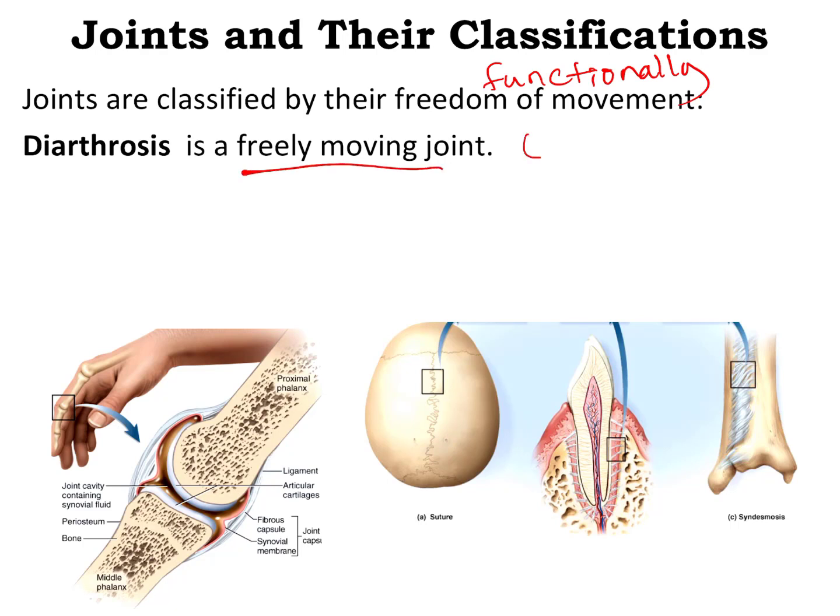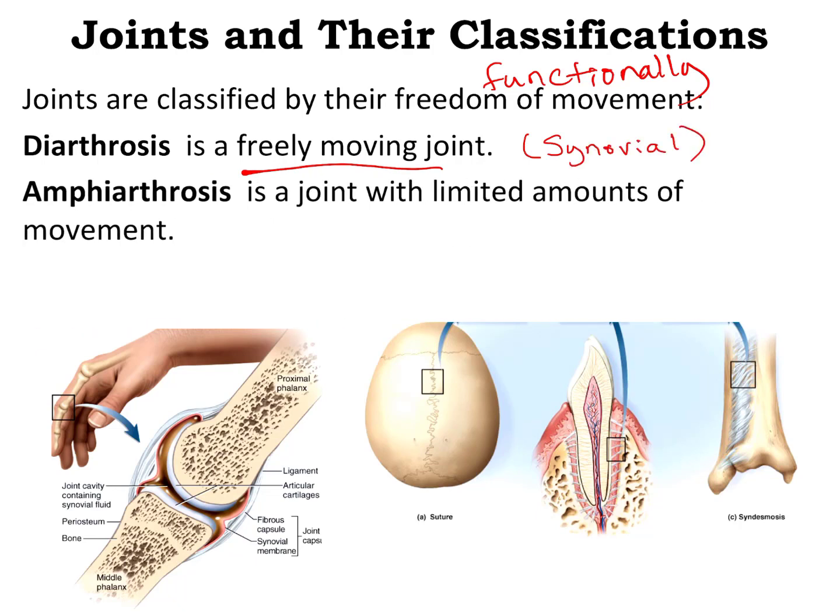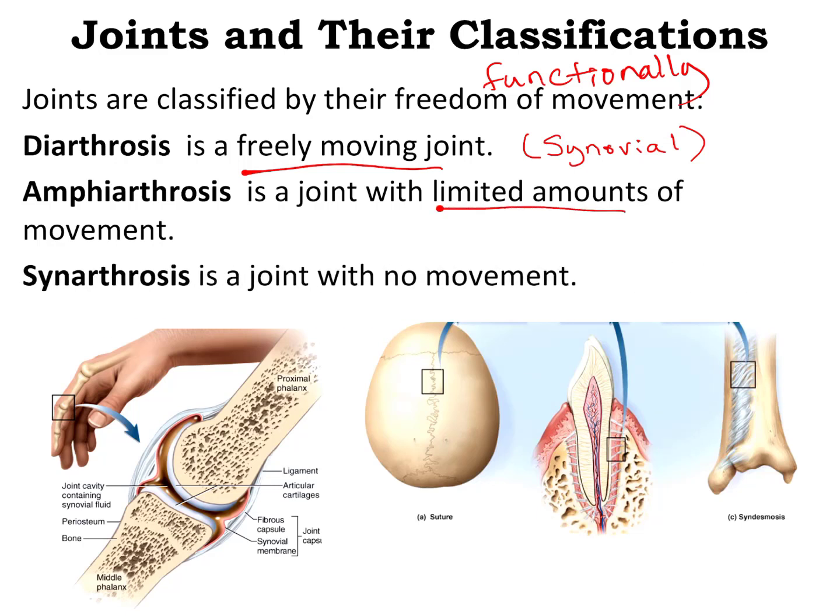This would be like our synovial joints. Then we have amphiarthrosis, which is limited amounts of movement. And then we have synarthrosis, which is no movement. So a suture is a synarthrosis.